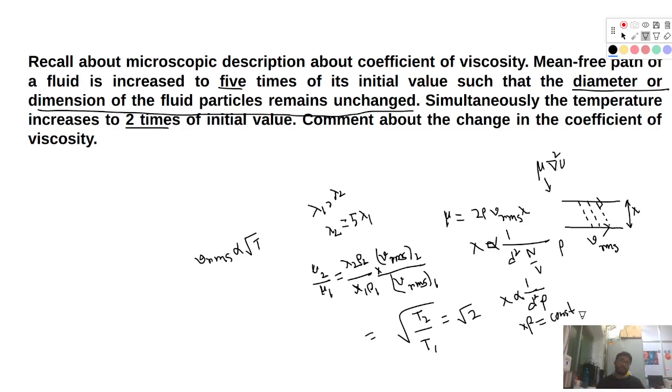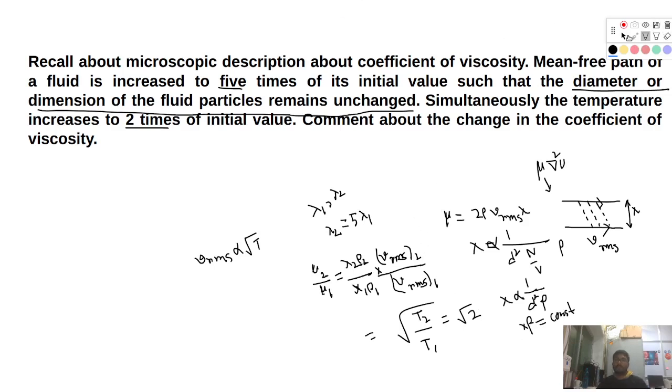So you have to be conscious about the problem. Here d is constant, so lambda rho is constant, irrespective of the change of the mean free path. So we only have the change from the temperature change, and that's how we get mu2 by mu1 is root over 2.